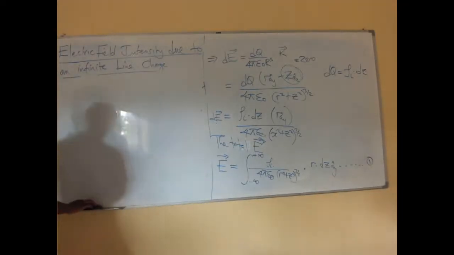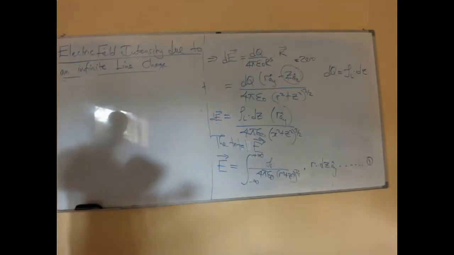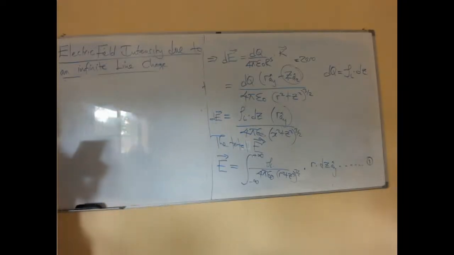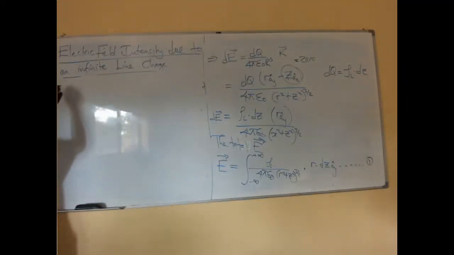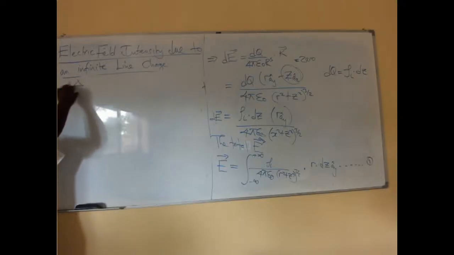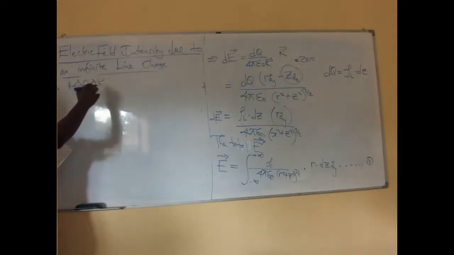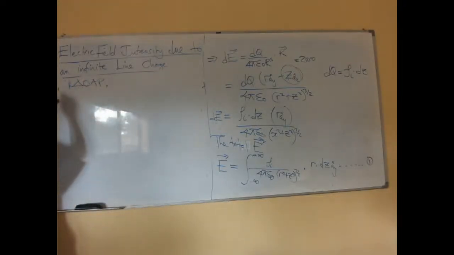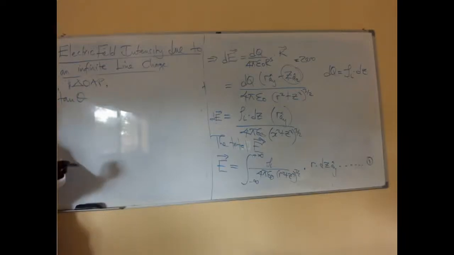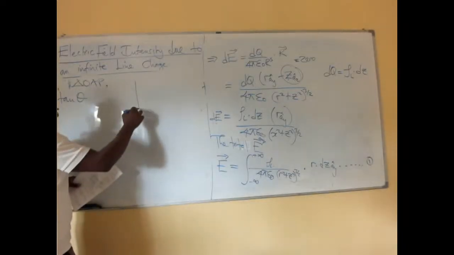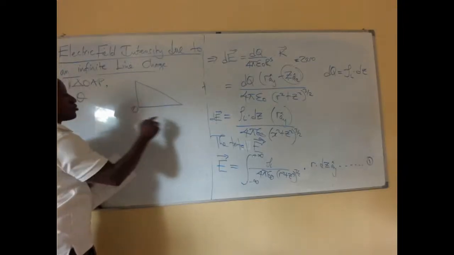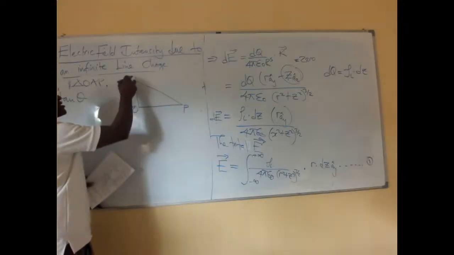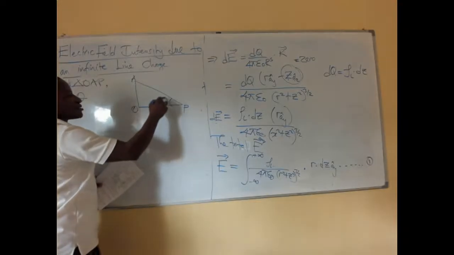So, after that, we continue with our derivation. What we see is that in the triangle OAP, remember this triangle was like this. This was our O, this was our P, this is our A. So theta was here.